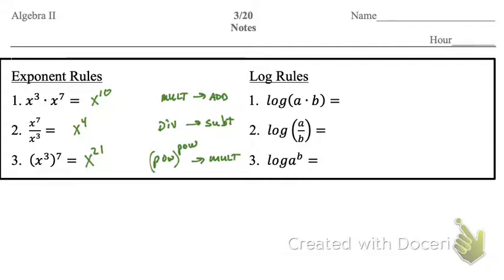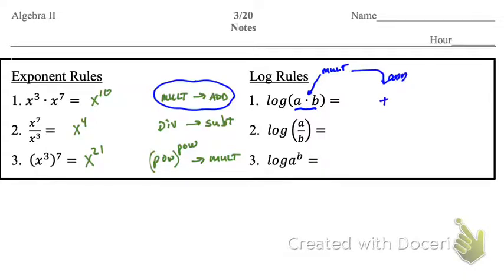Okay. Now remember, logarithms and exponentials are related, so when we look over here at our exponent rules, we're going to see these same concepts. When we multiply, we add. So in this logarithm, if we have a log of something that we are multiplying together, then we will see an addition over here.